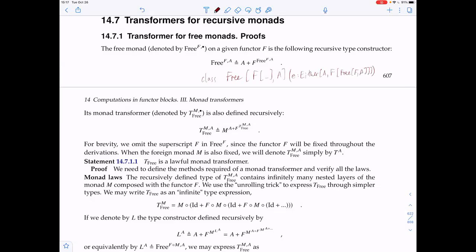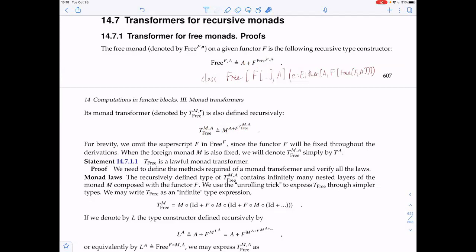In the type notation, it is easier to see that this is a coproduct of A and then F applied to the same type. The monad transformer for this must be defined like this, where M is wrapping this type, but actually M is also inside because we're recursively defining the transformer type in this way.